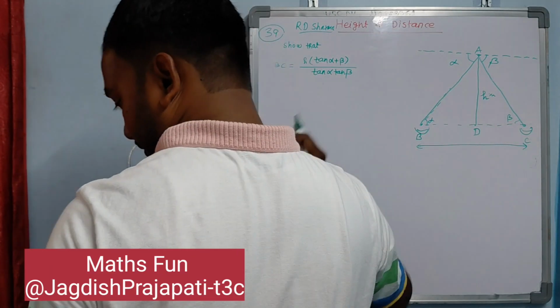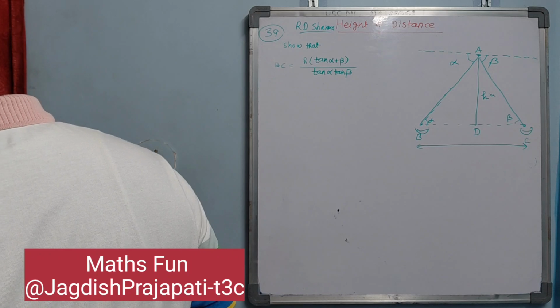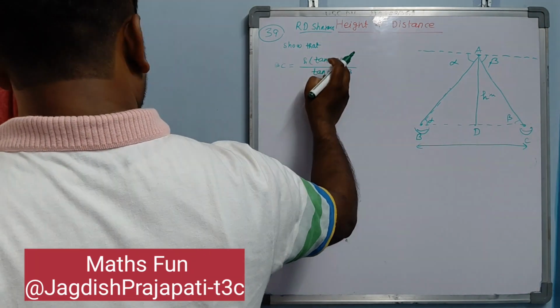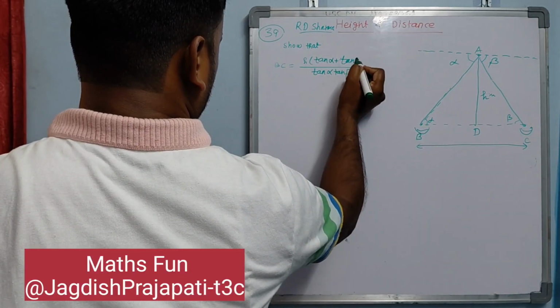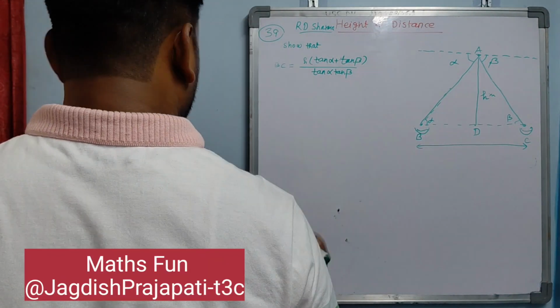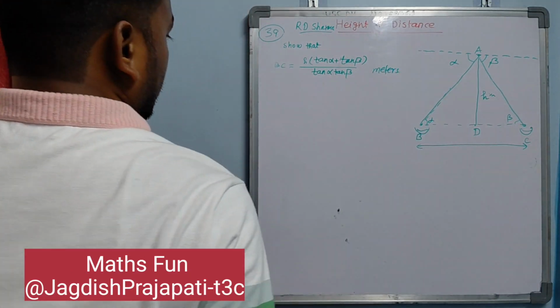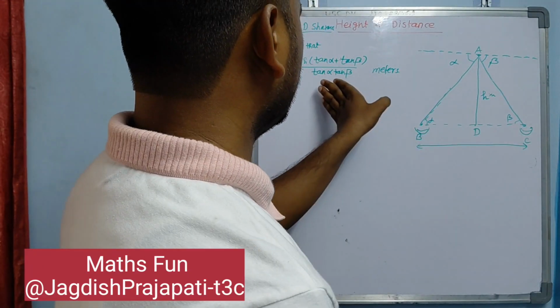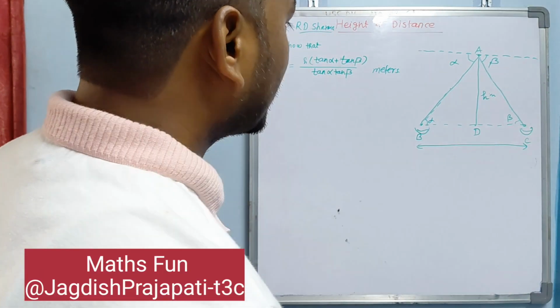We have to show this: h into tan alpha plus tan beta upon tan alpha into tan beta meters. Since this is in meters, we will get this in meter. Okay, so please start writing.